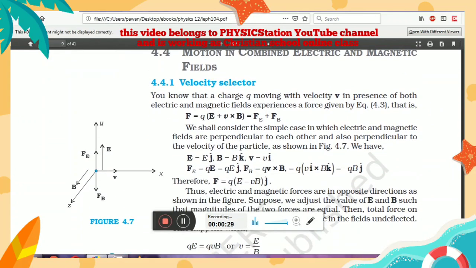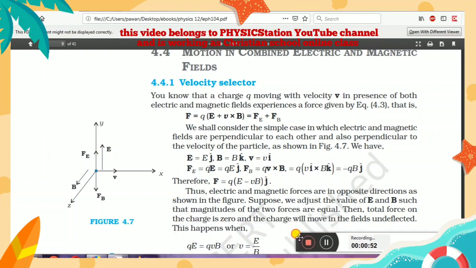So here we will have both a magnetic field as well as an electric field, right? And the directions of the electric field and magnetic field will be such that they are perpendicular to each other. Whenever the electric field and magnetic field remain perpendicular to each other, they are said to be crossed.